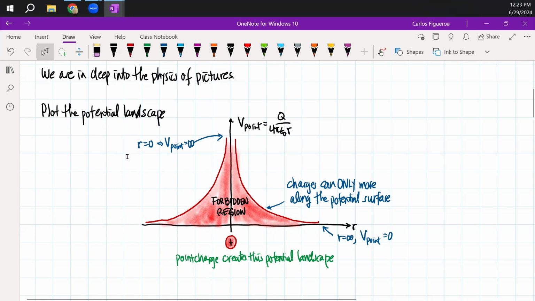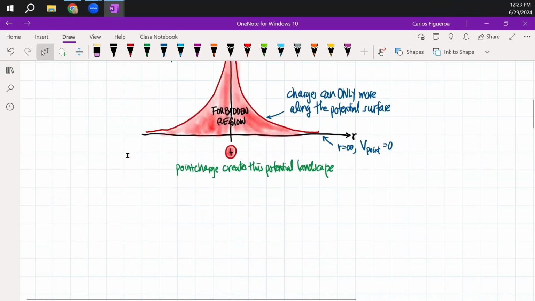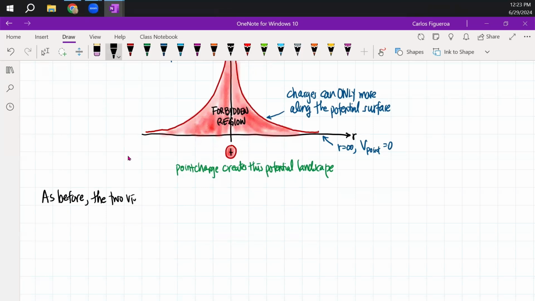As before, we have two viewpoints. The two viewpoints are the electric field versus the potential landscape pictures.